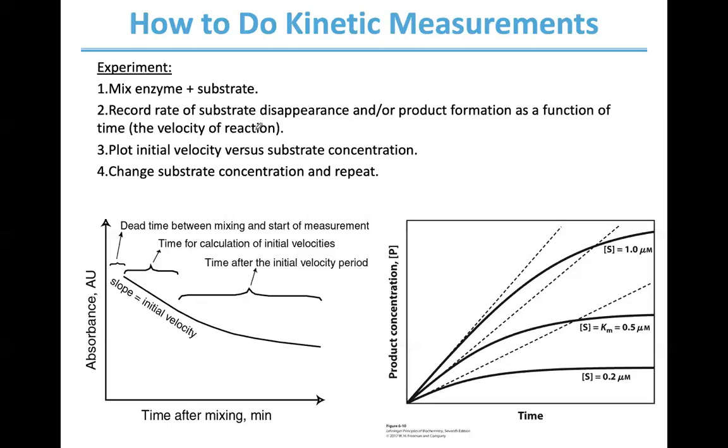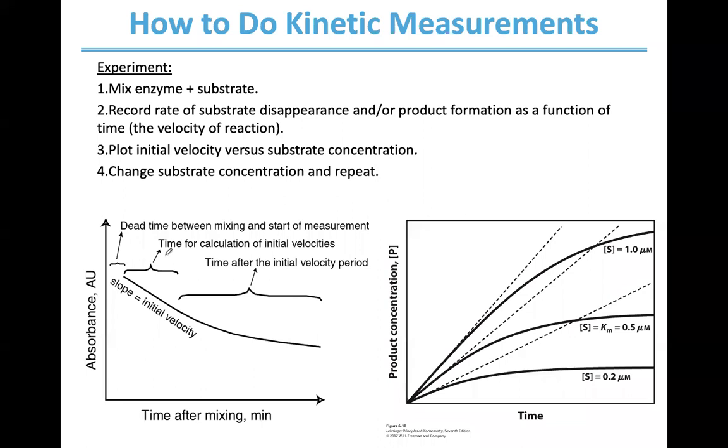All right. So record the rate of substrate disappearance as a function of time, plot the initial velocity versus substrate concentration, change substrate concentration, and repeat. All right, so we'll get to that. So why do we need to change the substrate concentration?